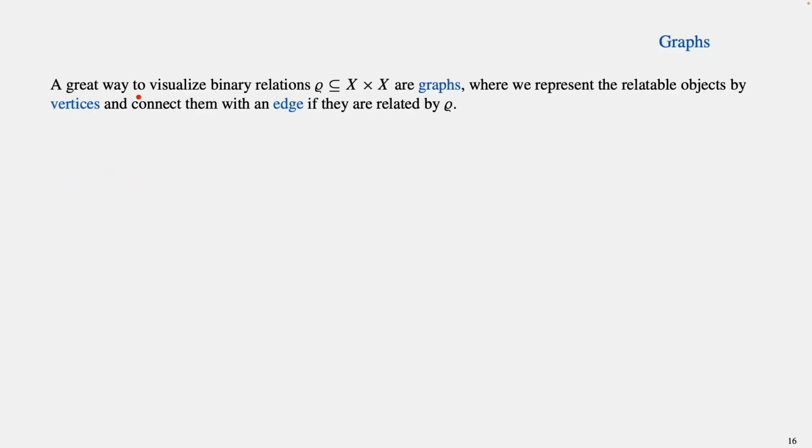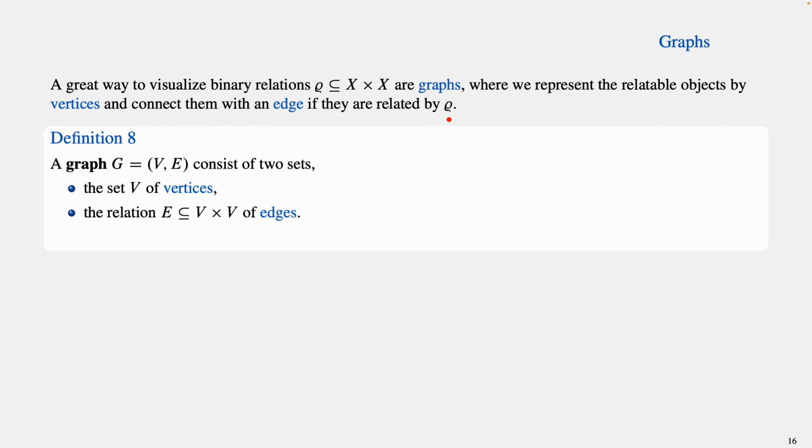As I said, a great way to visualize binary relations, rho, a subset of X times X, are graphs. And here we represent the relatable objects, so the elements of X, by vertices, and we connect them with an edge if they are related by rho.